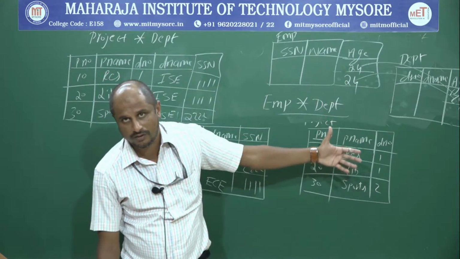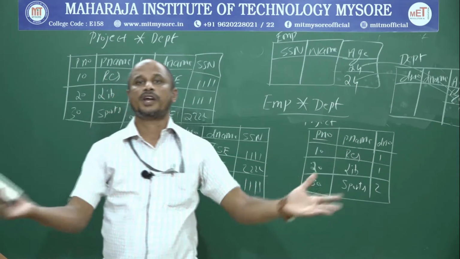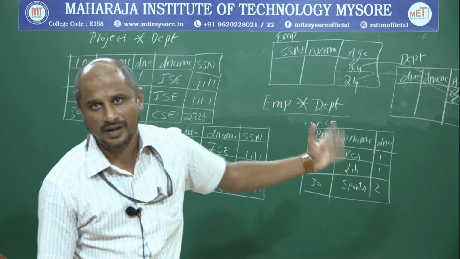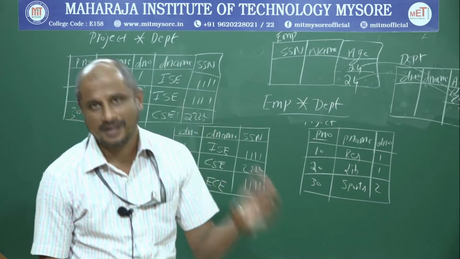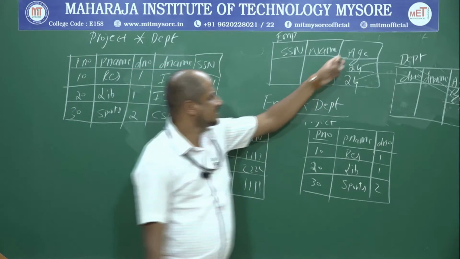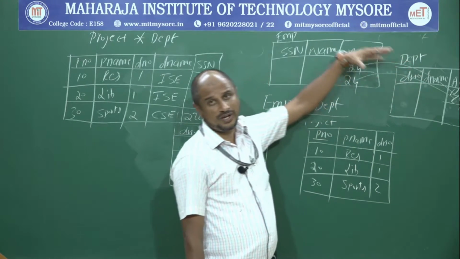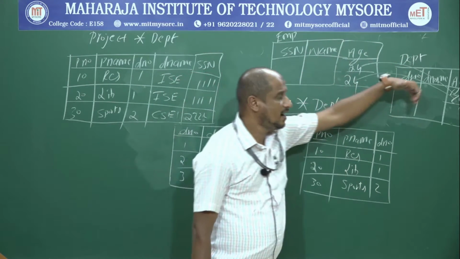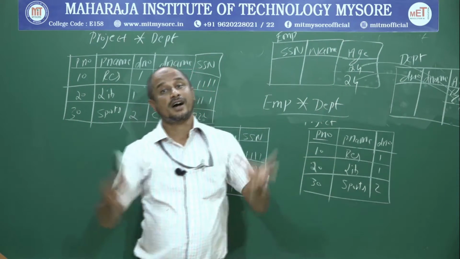If I go for the drawbacks, when you use a common attribute like age, you can find a huge number of duplicated tuples in the table produced by the natural join. If I try to join two tables with a common attribute, the employee age and department age, duplication arises.